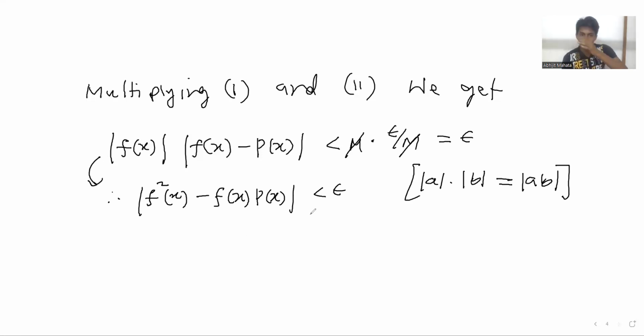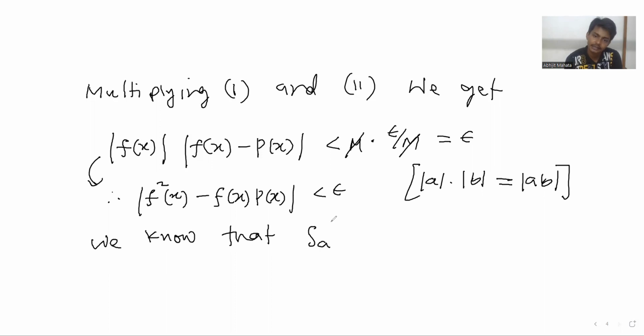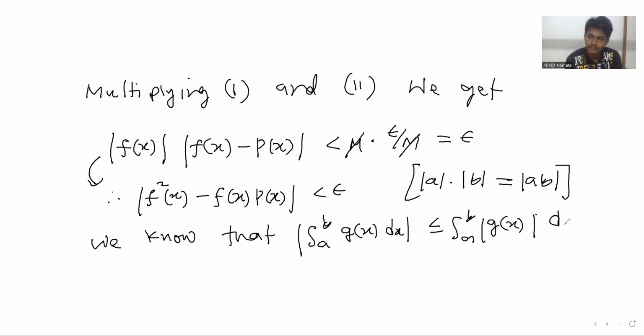Now we have this situation. So now we have a nice theorem from Riemann integration that I'm writing here. We know that the absolute value of the integral from a to b of g(x) dx is less than or equal to the integral from a to b of the absolute value of g(x) dx.